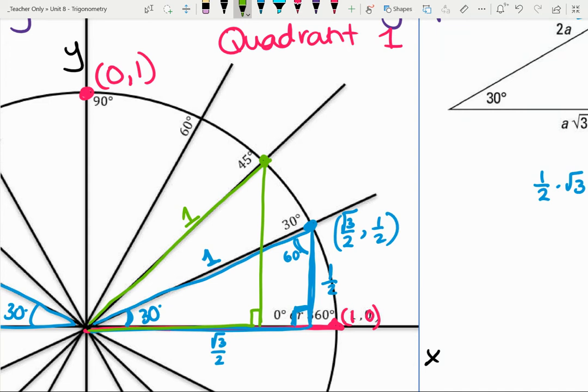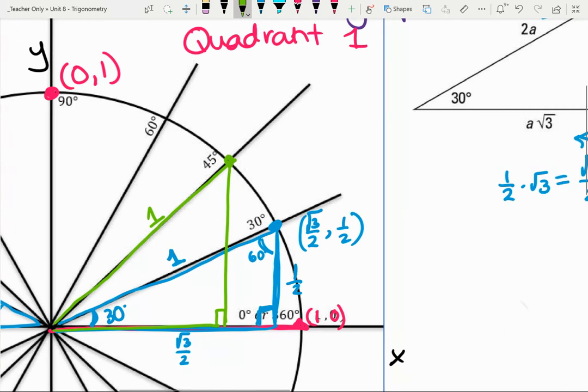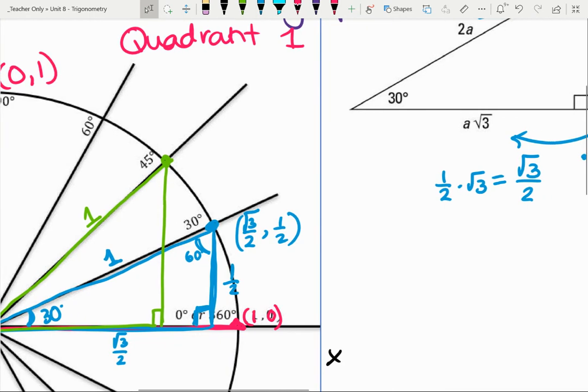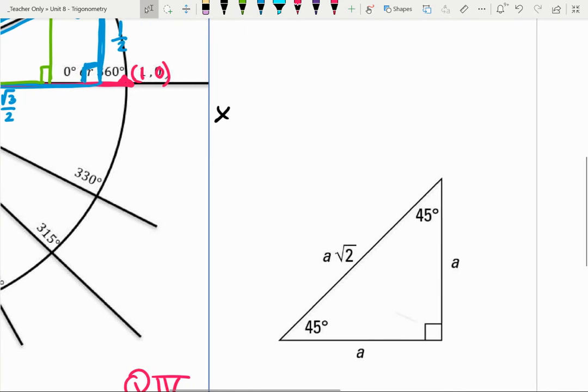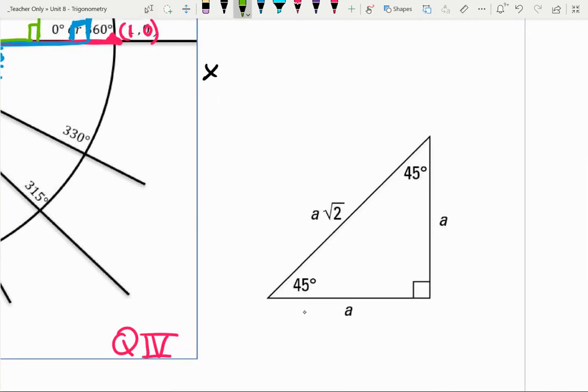And now I have to figure out what's the vertical and the horizontal distance covered to go from the origin to the outside of the circle. Well, luckily we reviewed our 45, 45, 90 last week as well. So this relationship here says that if I have a hypotenuse of 1, which I do, I'm going to find the length of the legs by dividing by square root 2.